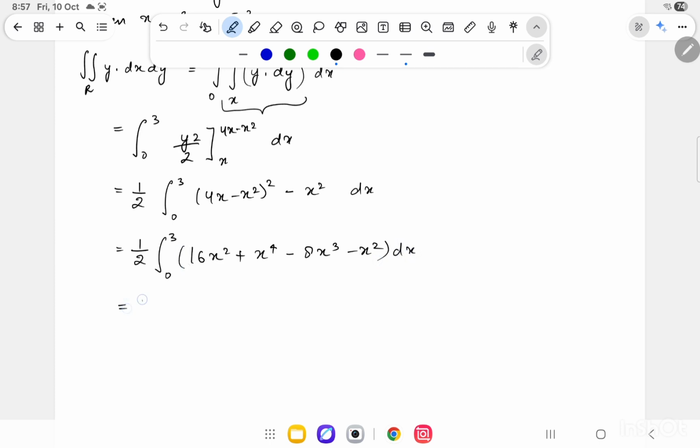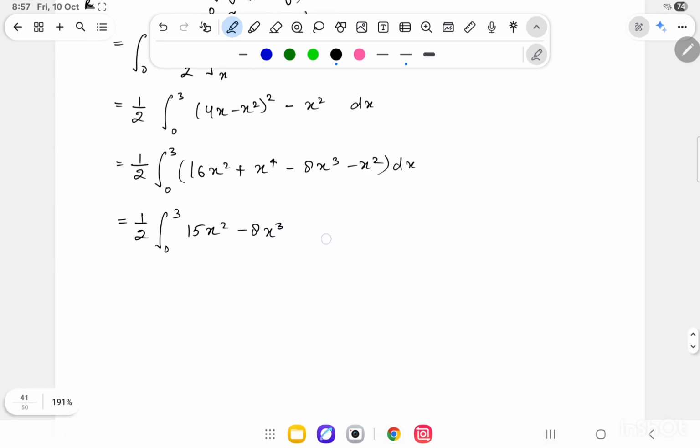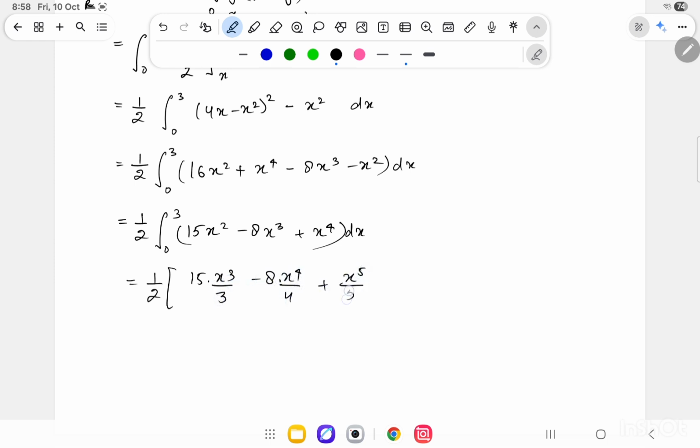It simplifies to 1 by 2 integration from 0 to 3 of 16x square minus x square, which is 15x square, minus 8x cube plus x raised 4 dx. Now if I integrate it, it will be 1 by 2 times (15x cube by 3 minus 8x raised 4 by 4 plus x raised 5 by 5), with limits from 0 to 3.